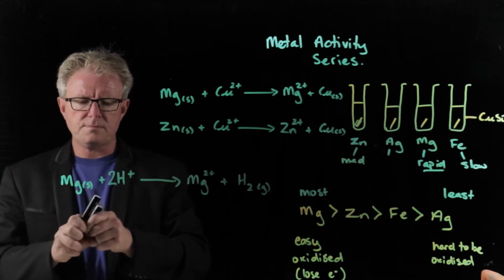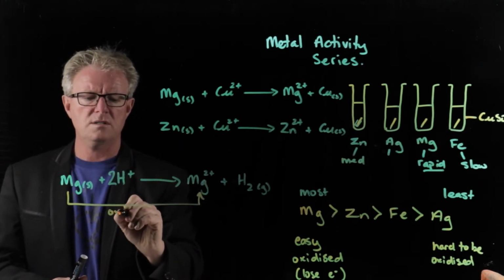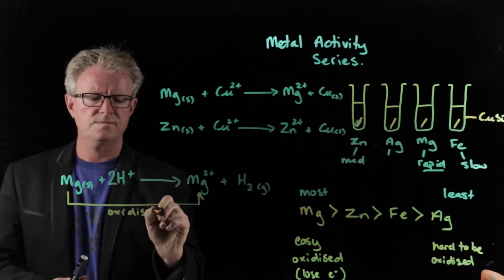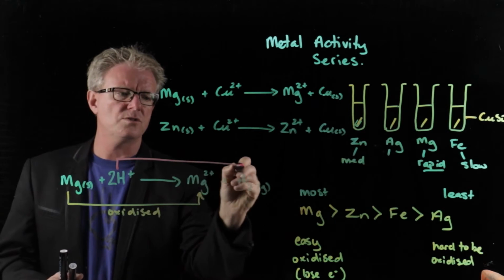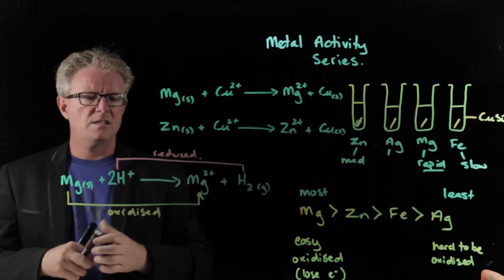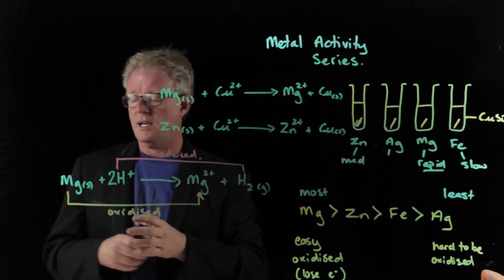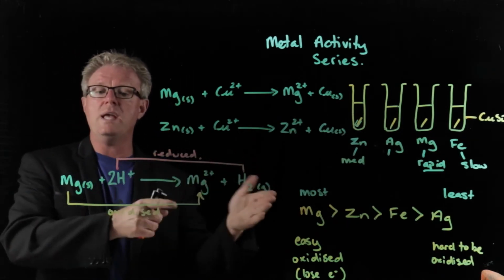And so magnesium has been oxidized and the hydrogen has been reduced. And so we have our typical hydrogen there that we test with the pop test with metal acid reactions.